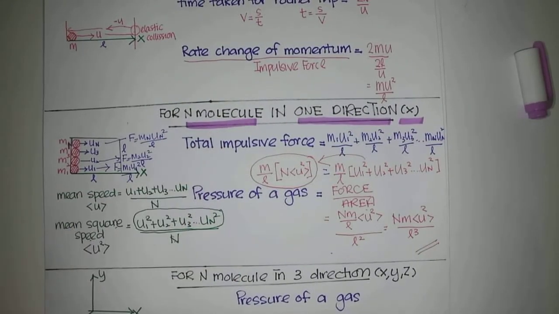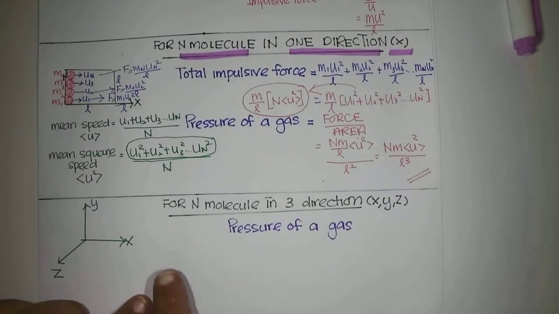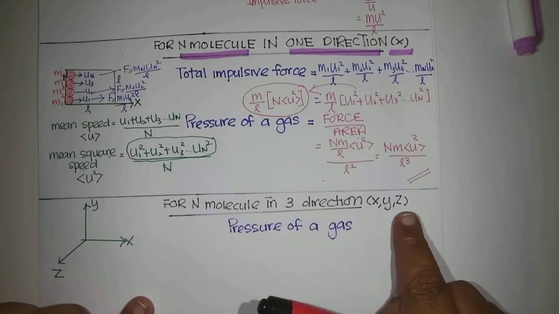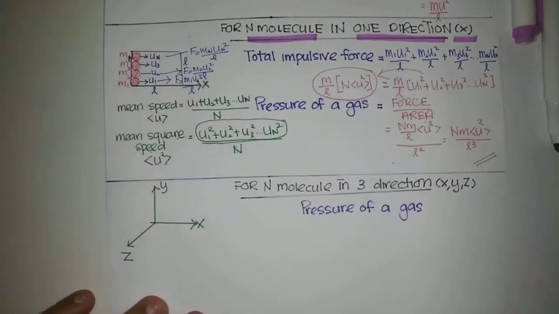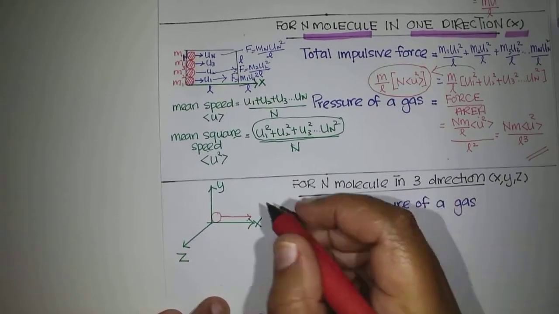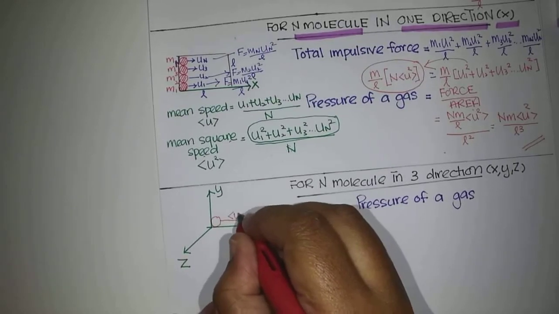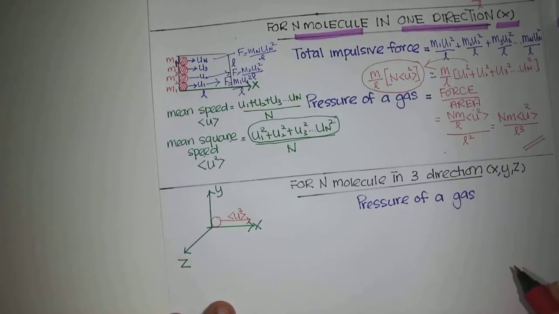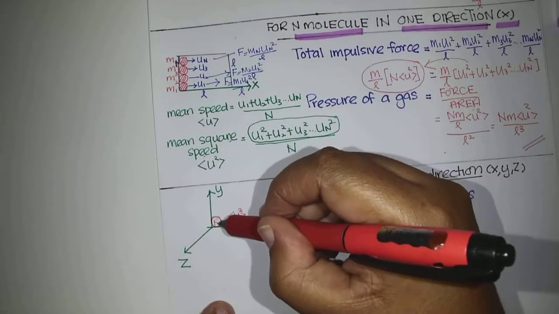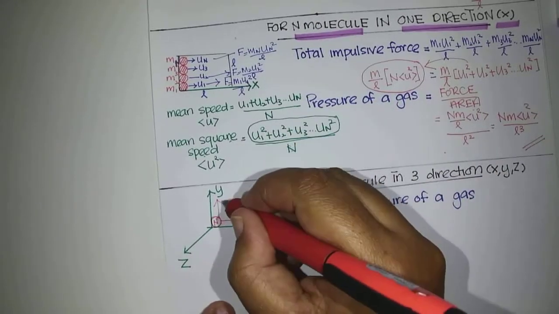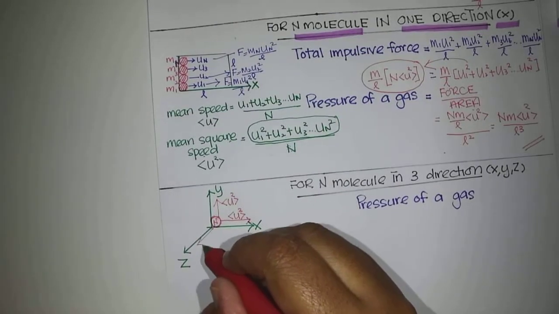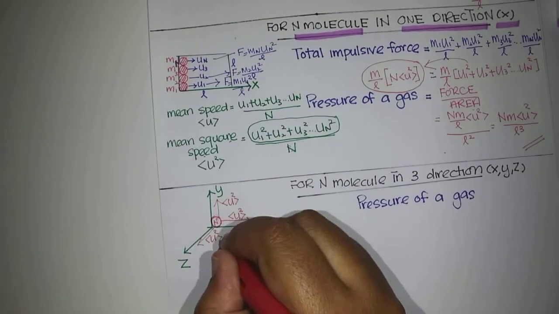Next we want to find the pressure for N molecules in three directions: x, y and z. We have molecules moving in the x direction with the mean square speed for N molecules in the x direction. N molecules in the y direction will have a mean square speed like this, and N molecules in the z direction will also be like this.